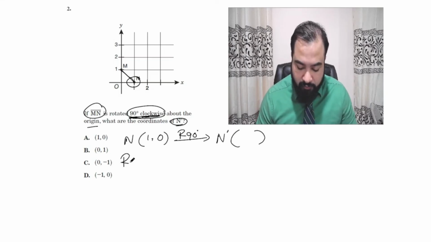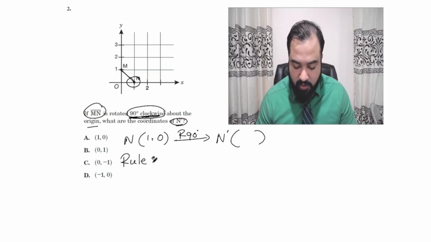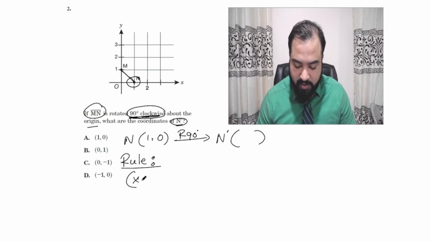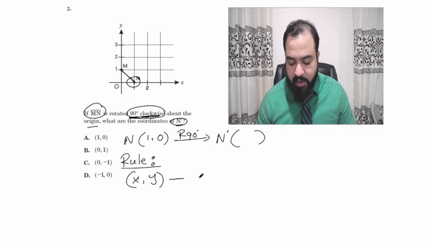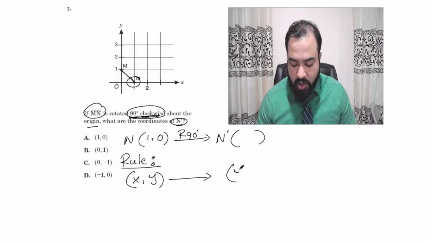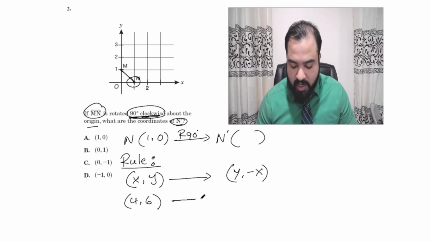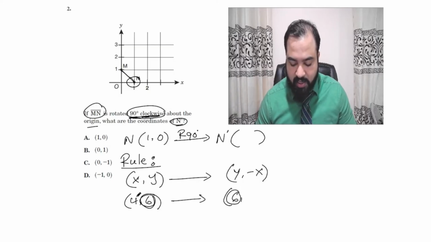Now the rule for 90-degree clockwise rotation is, if you have x comma y, a coordinate, it will switch to y comma -x. It means if you have, let's say, 4 comma 6, it will become 6 comma -4: the position of y, which is 6, will go to x, and the position of x, which is 4, will go to y, and it will become negative.